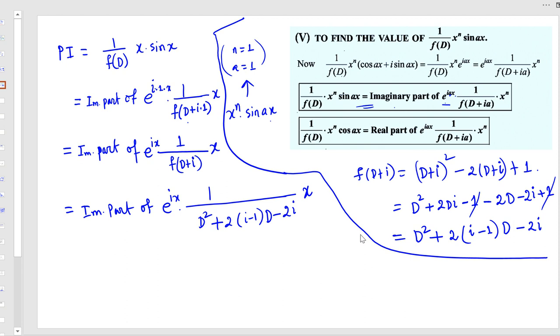Now what we have to do, we need to write it as 1 plus phi of t, so that we can take inverse and expand it into infinite series.